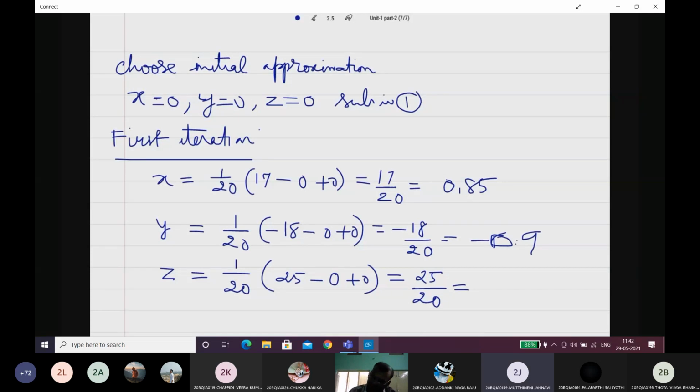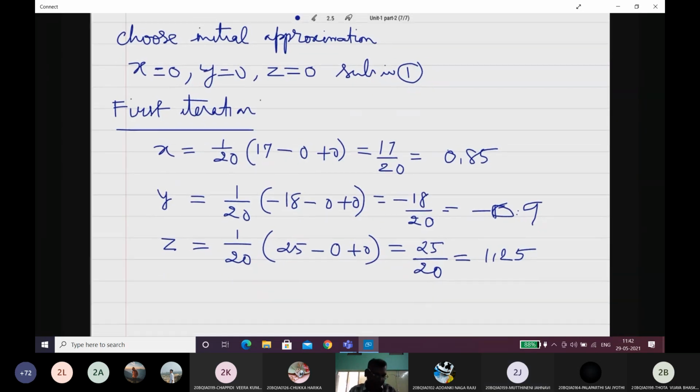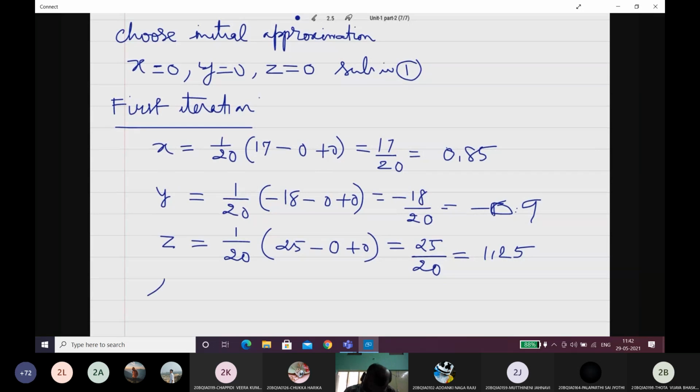Then third one, z is equal to 1.25. Again substitute in 1. Substitute the x, y, z values in 1. We get the second approximation.